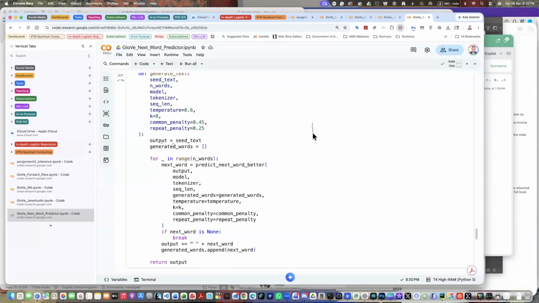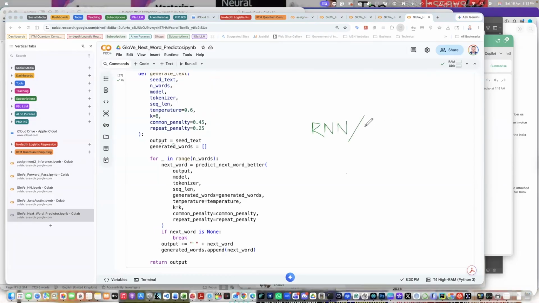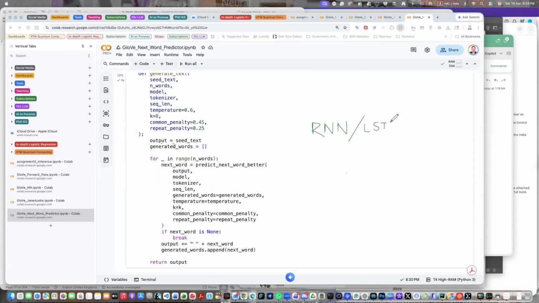Do you remember something we discussed during neural networks? We have a kind of neural network called RNNs, and these have variations like LSTM, GRU. Do you remember? Yes or no?